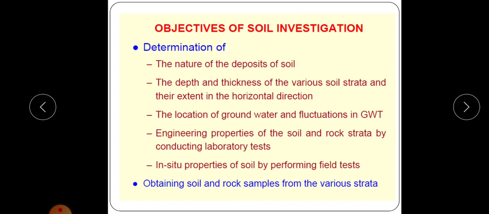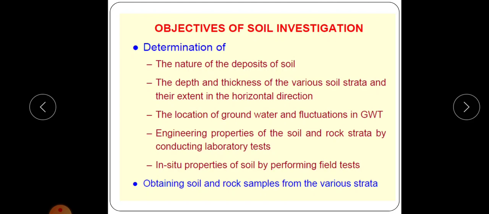So site investigation consists of determining the profile of the natural soil deposits at the site, and we can also take soil samples and determine its engineering properties. The main objectives of soil investigation are determination of the nature of deposits of soil, and to find the depth and thickness of various soil strata and their extent in the horizontal direction.